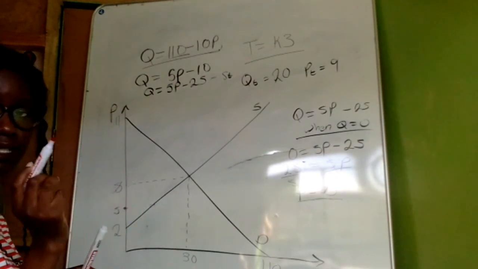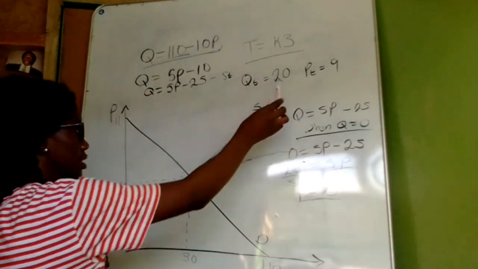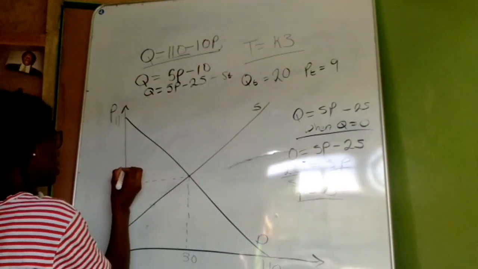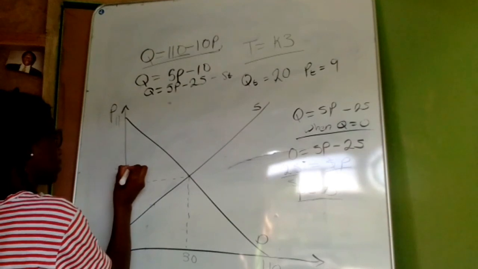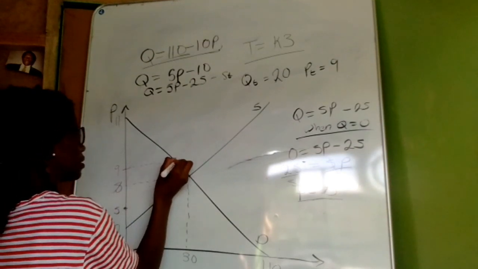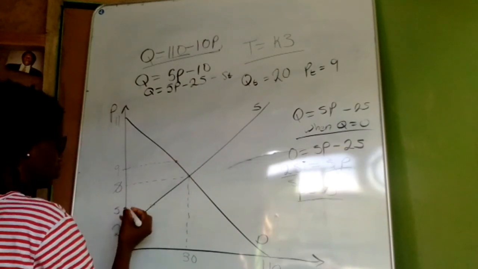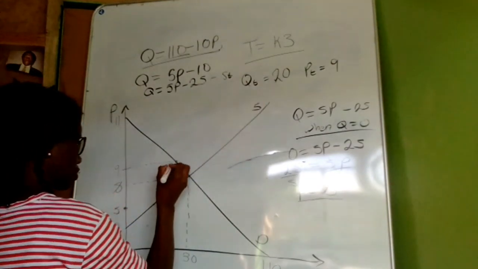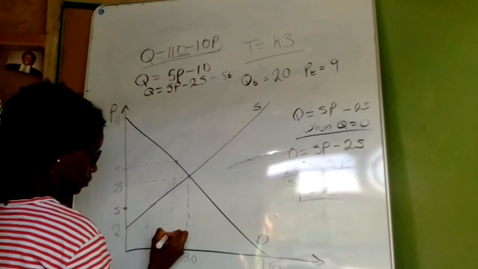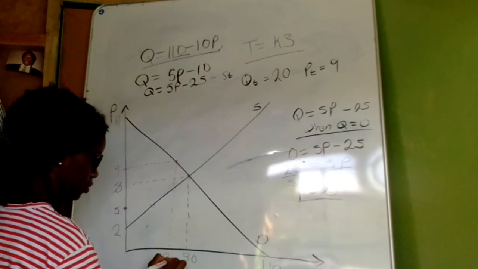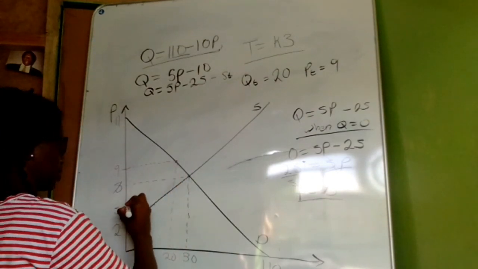And our price after tax was 9. So that's approximately here. We have a 9 here, where it's meeting the demand curve. And the new quantity was 20. So there's a 20 there. So we can connect these 2 points.